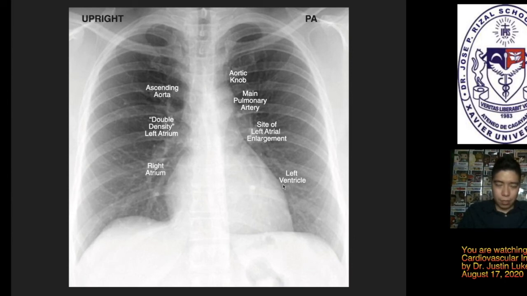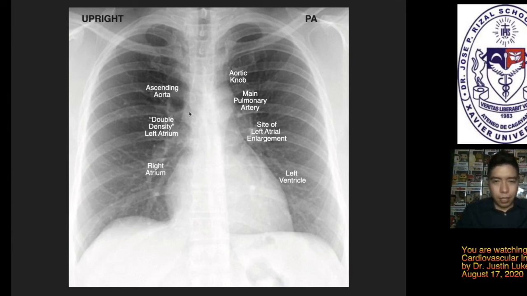In the early stage, we can see a slope. But if it's enlarged, this would be straight. And if it's much more enlarged, it would be convex outward. So that's our clue that there is left atrial enlargement. The double density of the left atrium can also be seen in this area. I'll show an example later on.